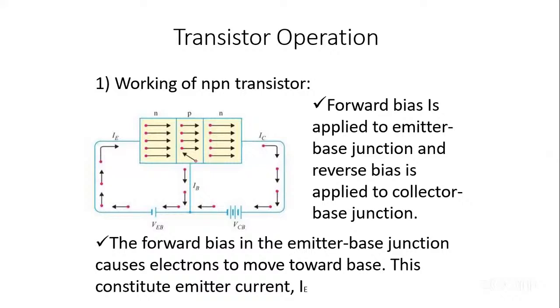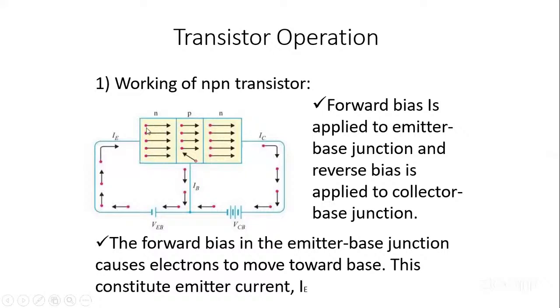At the right side, you have a reverse bias, because this is N-type and this is positive, so they are opposite polarities, which means that unlike charges will attract; the positive terminal will pull electrons to itself.